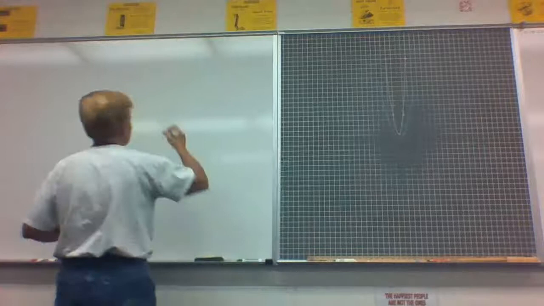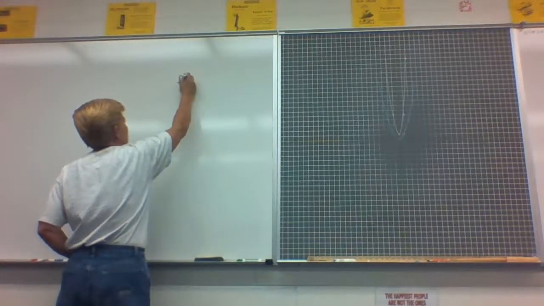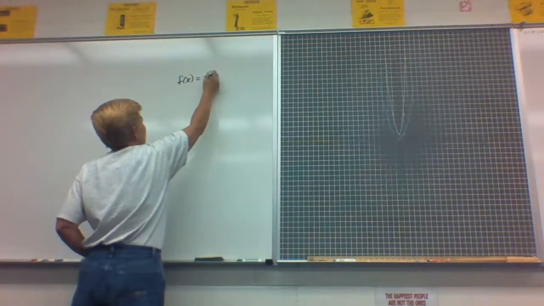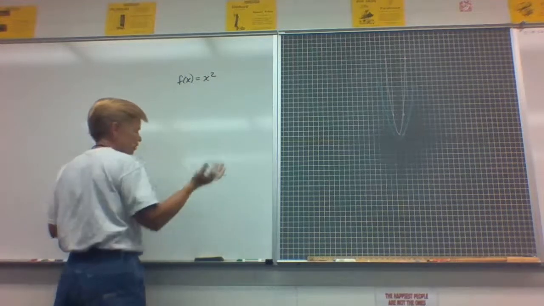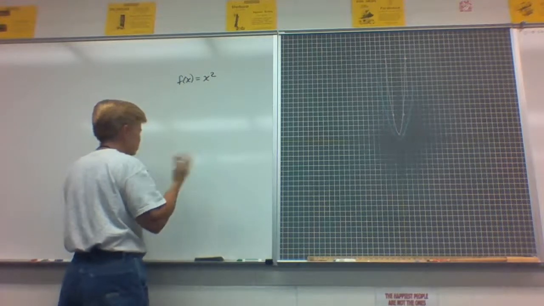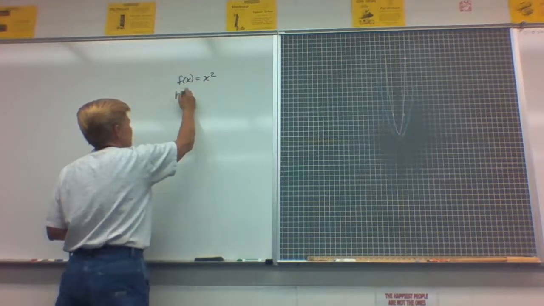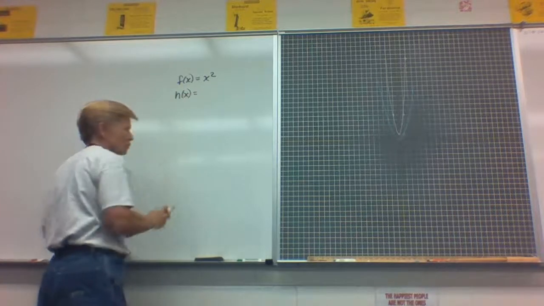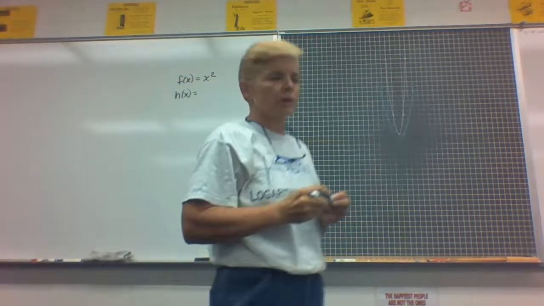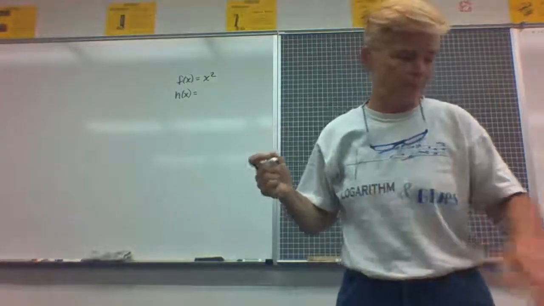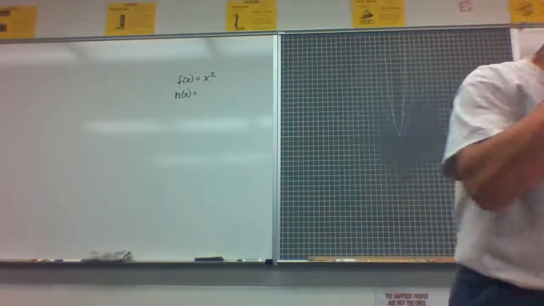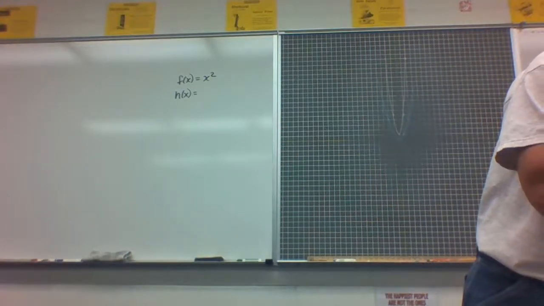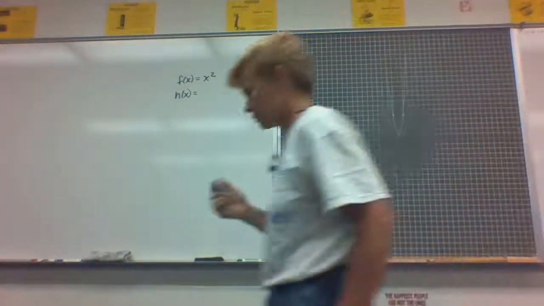That's 3 transformations. We have to do them in order. So just a reminder, this is our parent. And I'm going to have that intermediate stuff, like I always do. I'm going to have this h of x, and we're going to do the first bit of transformations that they want us to do, and then we'll apply the last one to h. So it says, let g be a vertical stretch by 2 and a reflection in the x-axis.